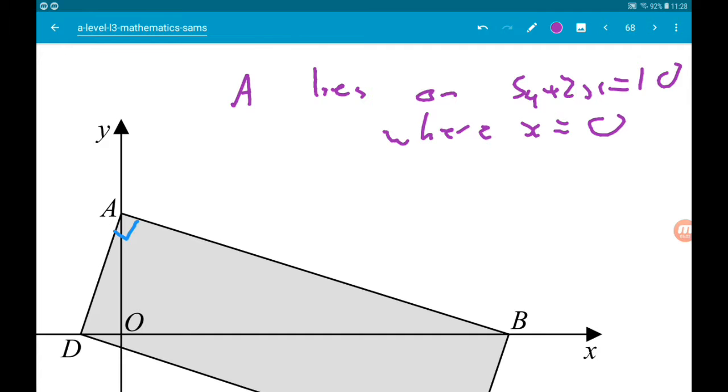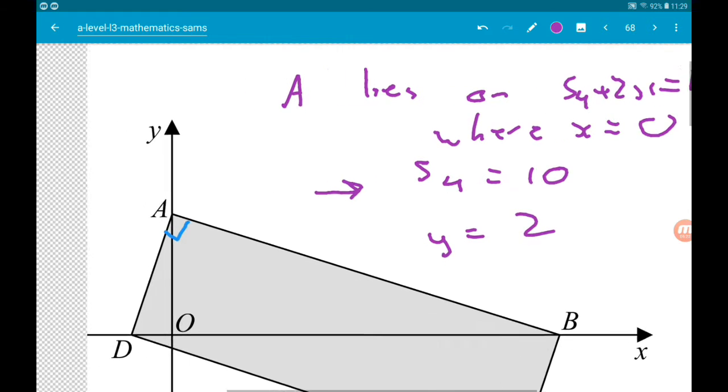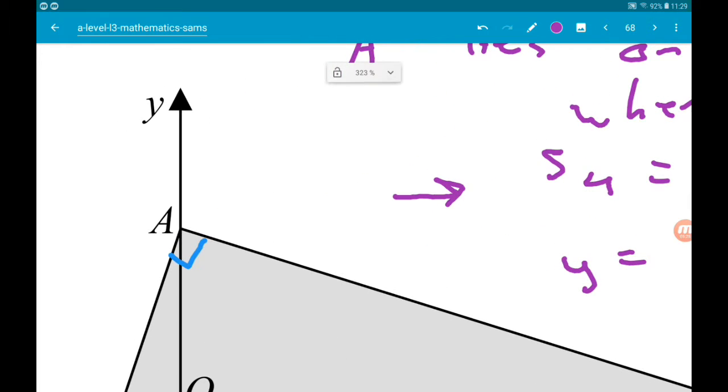Now, from that, we can get that 5y is equal to 10, and y is equal to 2. So, we now know the coordinates of point A. They are 0, 2.